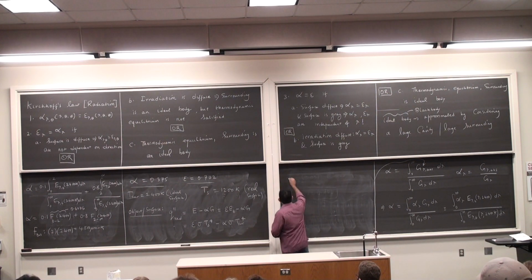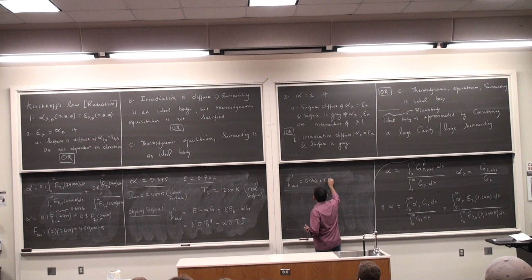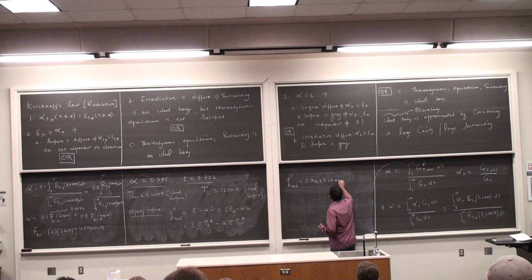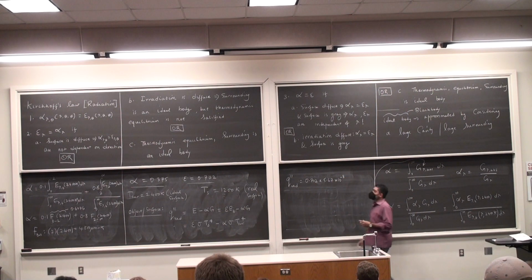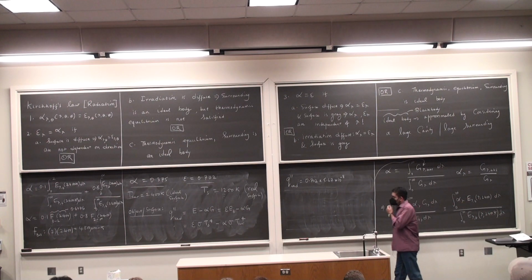So Q double prime radiation is 0.702 times sigma, which is 5.67 10 to the power minus 8 watts per meter square Kelvin to the power 4.